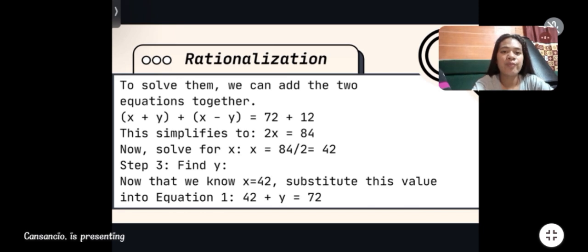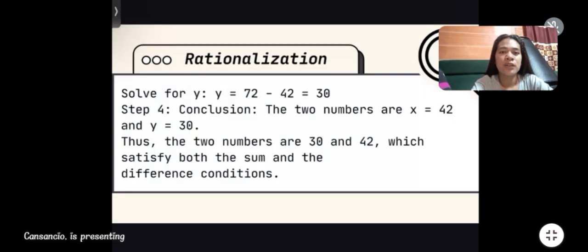Step 3. Find y. Now that we know x is equal to 42, substitute this value into equation 1, which is 42 plus y is equal to 72. Solve for y. y is equal to 72 minus 42, which is equal to 30.